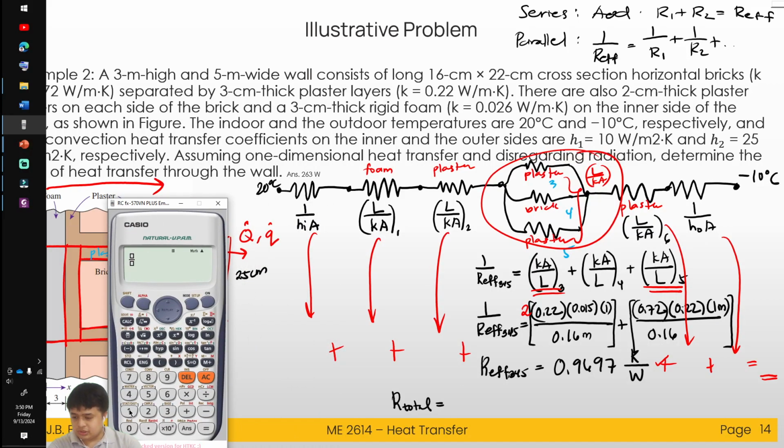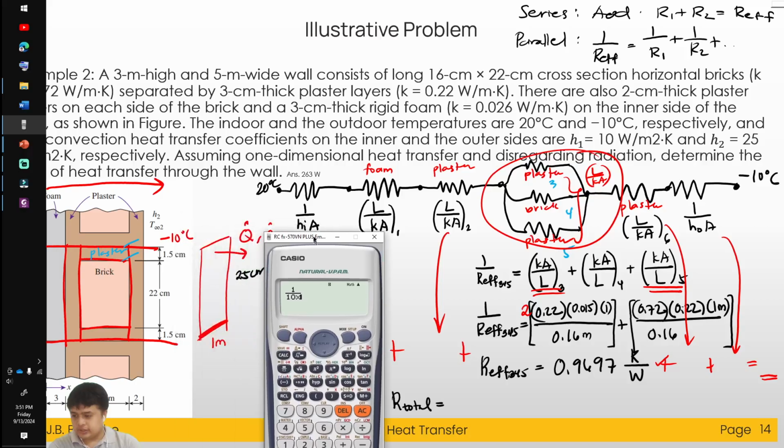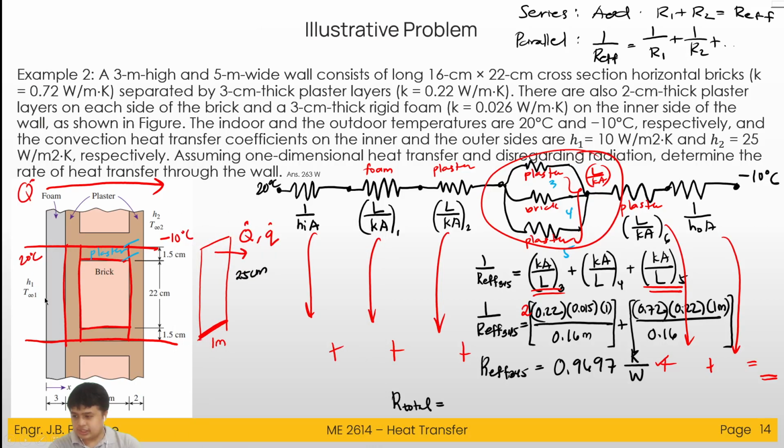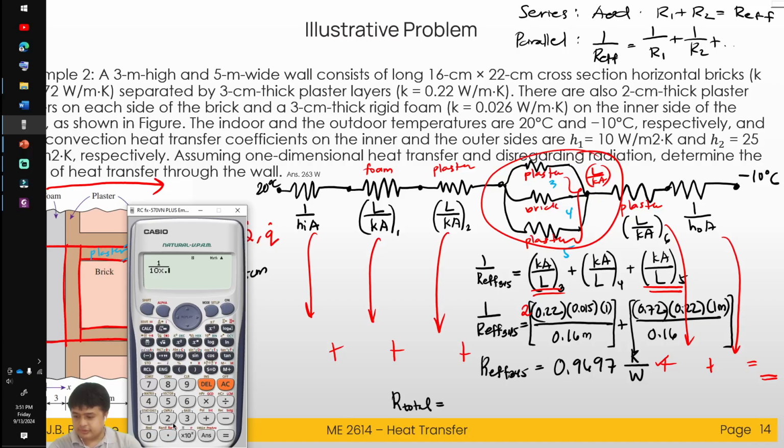So you have 1 over hi. So hi here is 10, and then the area. The height of this layer here is 25 centimeter, so 0.25 times 1 meter, plus you have L over kA.